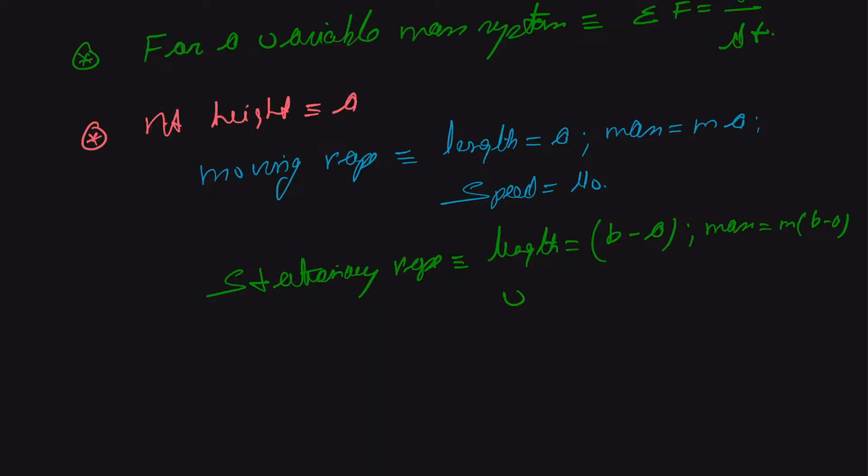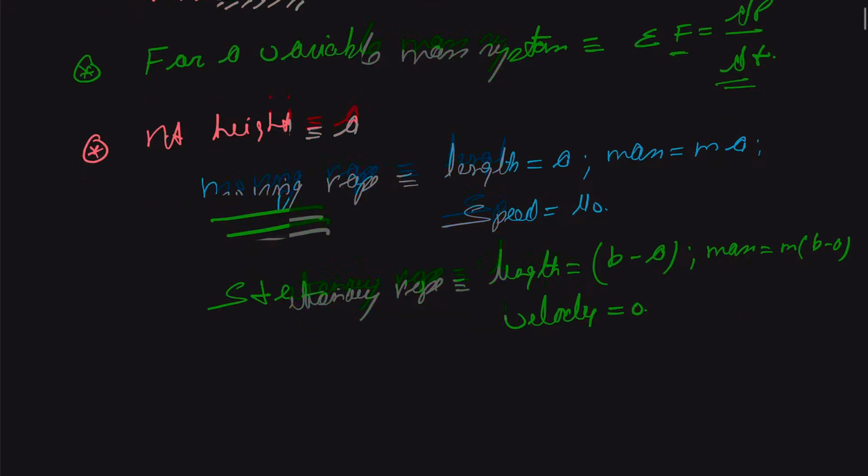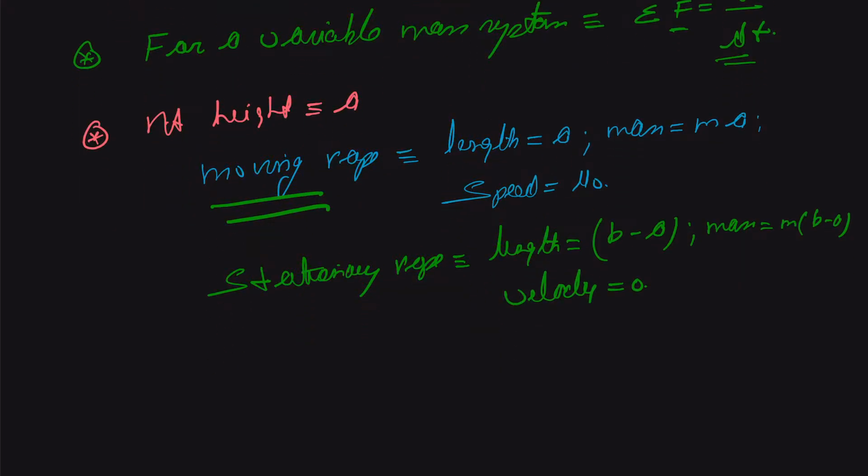And its velocity, because it is lying on the table, will be equal to 0. So like I said, we are going to deal with this force with respect to momentum. So it means only this moving part is going to contribute towards the momentum. The stationary part has no contribution towards the momentum. So let us concentrate on calculating the momentum.